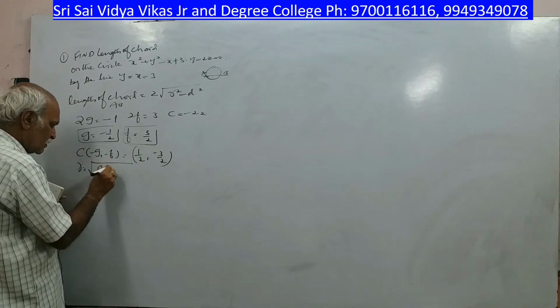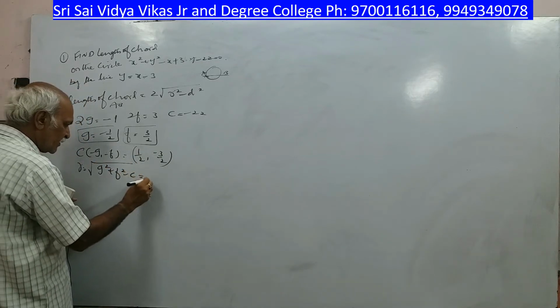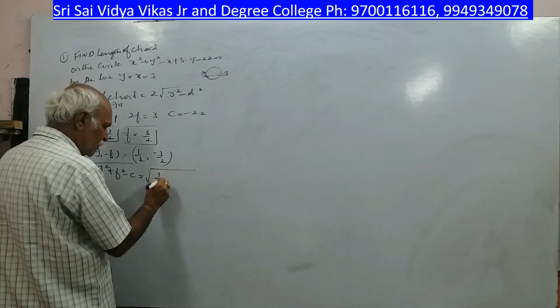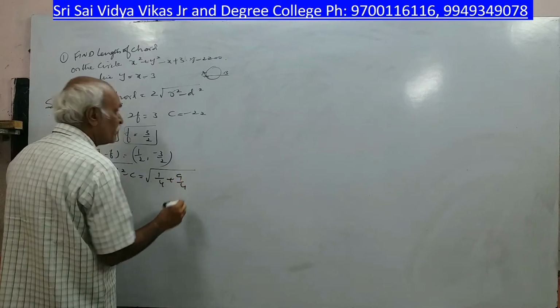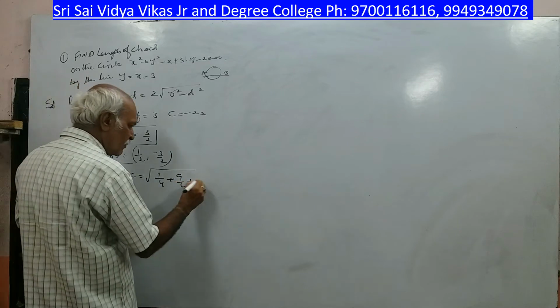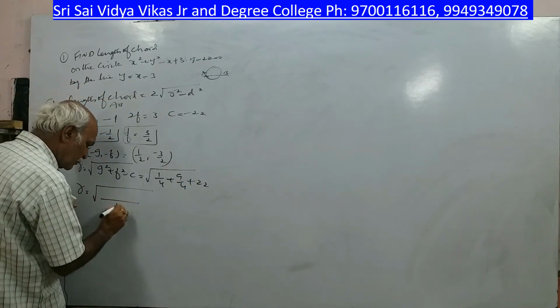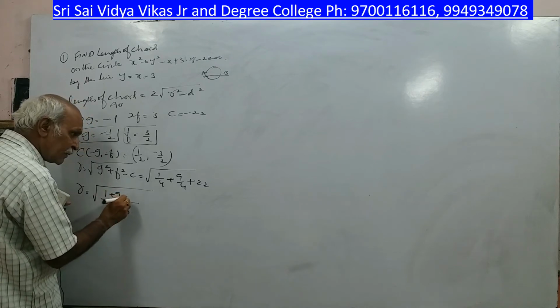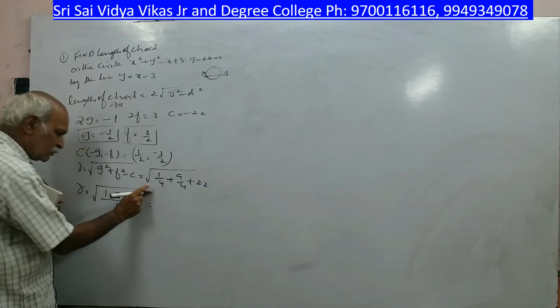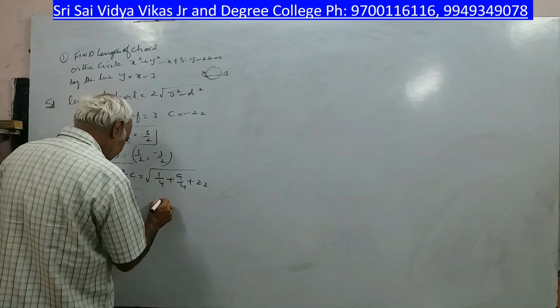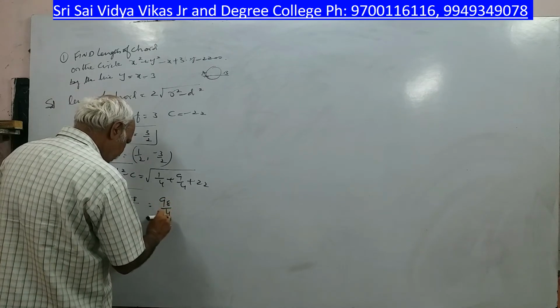Root of g square plus f square minus c. G square means 1 by 4 plus 9 by 4, minus c means minus of minus is plus 22. So r is equal to root of, LCM is 4, 1 plus 9 plus 88, so 98 by 4.